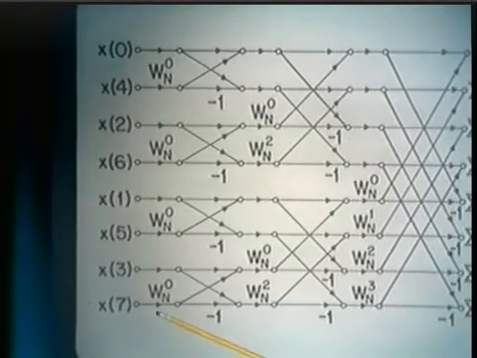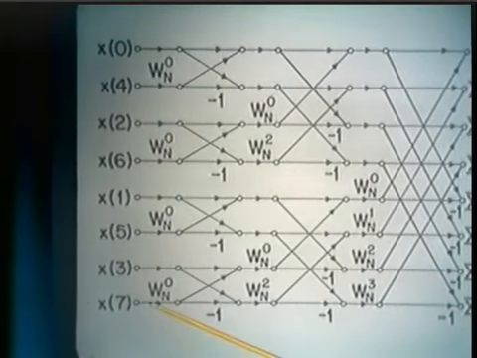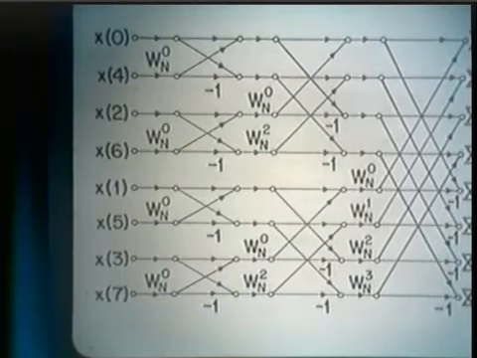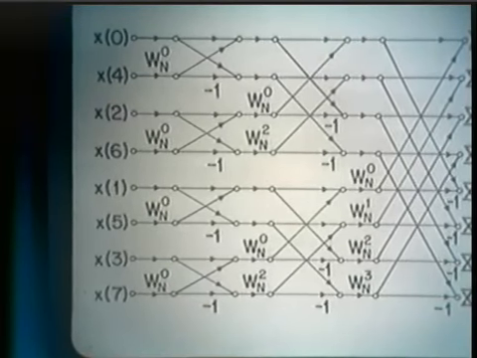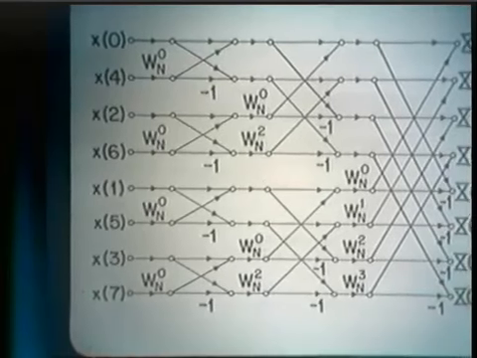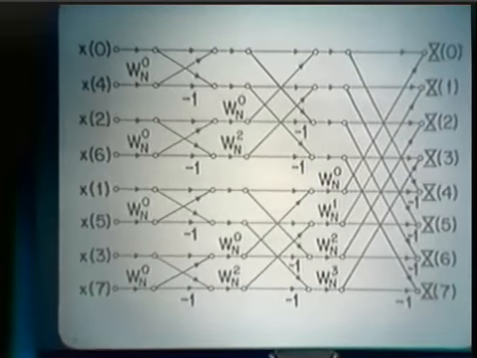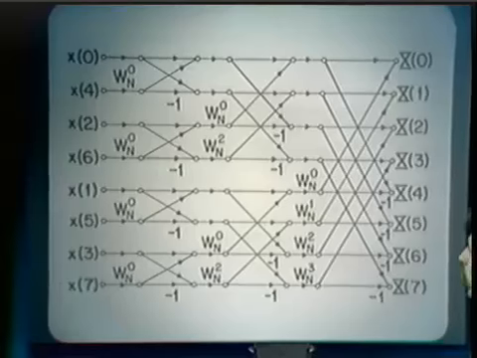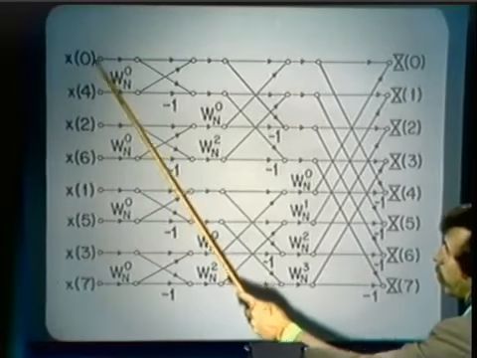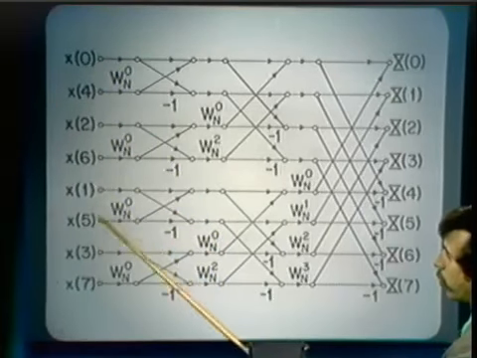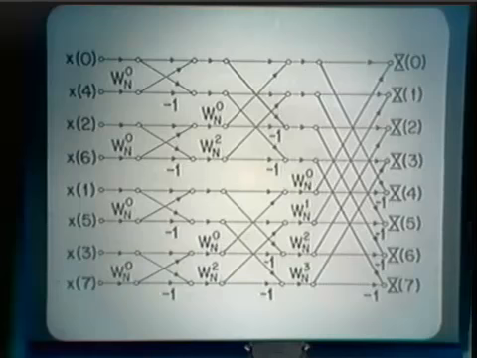However, an additional point that I'd like to make first about this flow graph is that it corresponds, when thought of as a procedure for organizing the computation, to an in-place computation of the discrete Fourier transform. Now, what I mean by that is the following. Let's suppose that we think of this set of points as corresponding to sequential registers in memory.